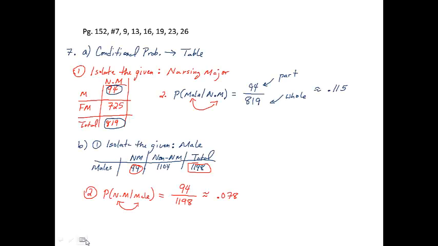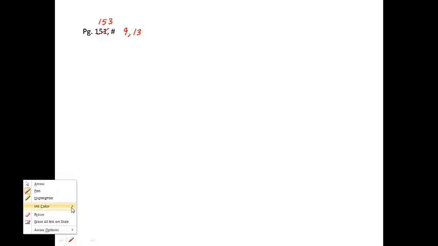All right, number 9. Number 9 says, determine whether the events are independent or dependent. Explain your reasoning. It says, selecting a king from a standard deck of 52 playing cards, replacing it, and then selecting a queen from the deck.